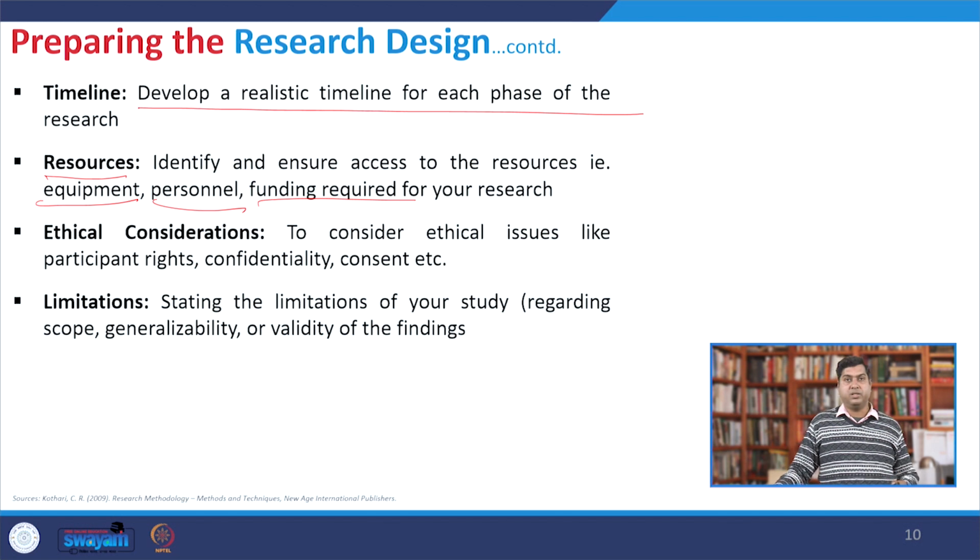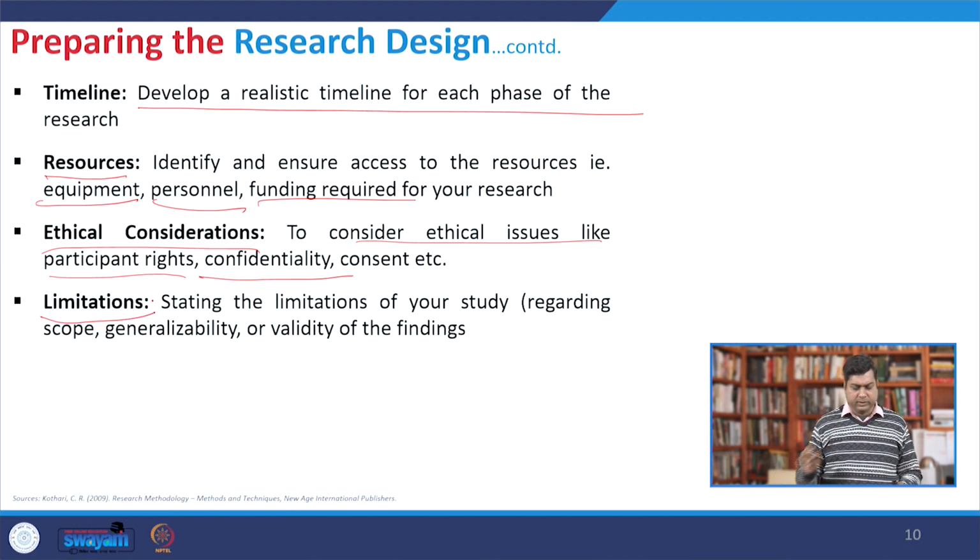Ethical consideration: you need to take care of participant rights, confidentiality and consent, so that you are in a safe position and do not misuse that information without their approval.